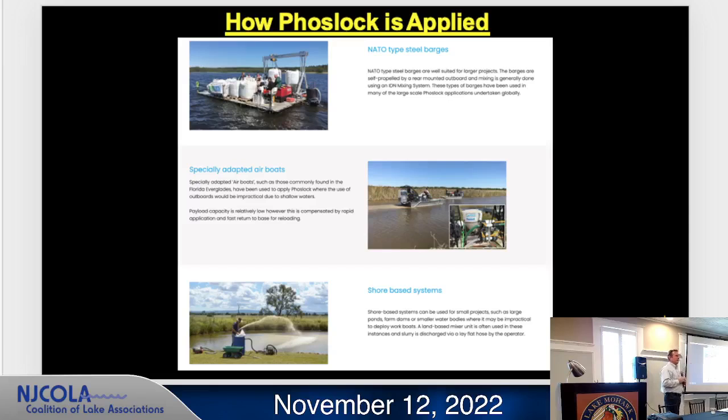Yes, I'm with Brian by the lake. If we were to use something like this, would that decrease the amount of alum that we put through our injection system? Yeah, absolutely, 100%. And what's the cost of this versus just the truckload of alum? You would have to base it on your system.